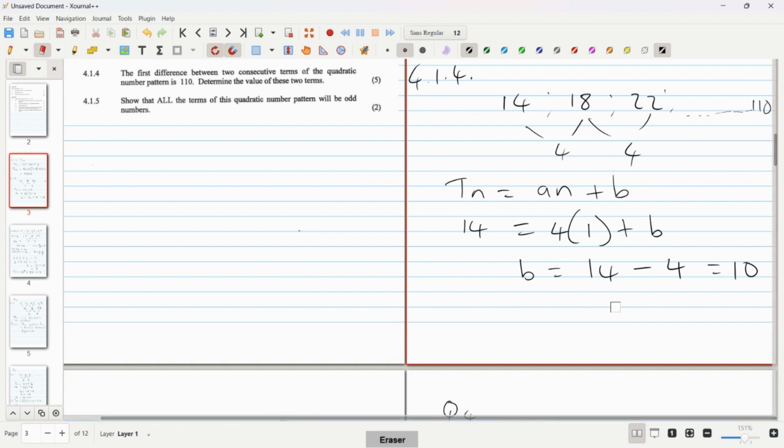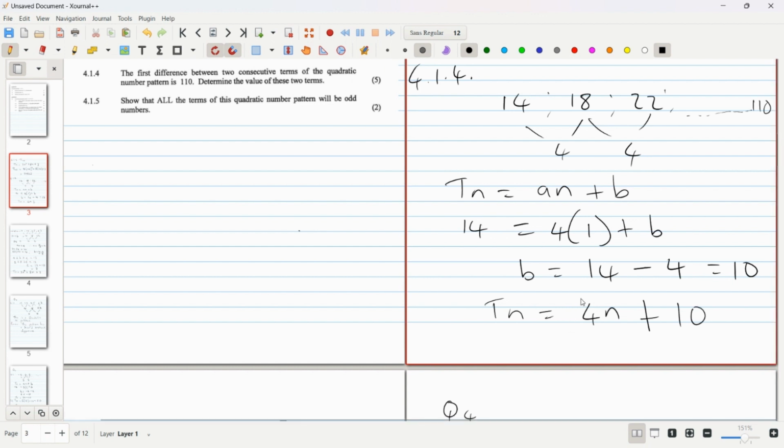So it means that our general formula will be Tn equals 4n plus 10.